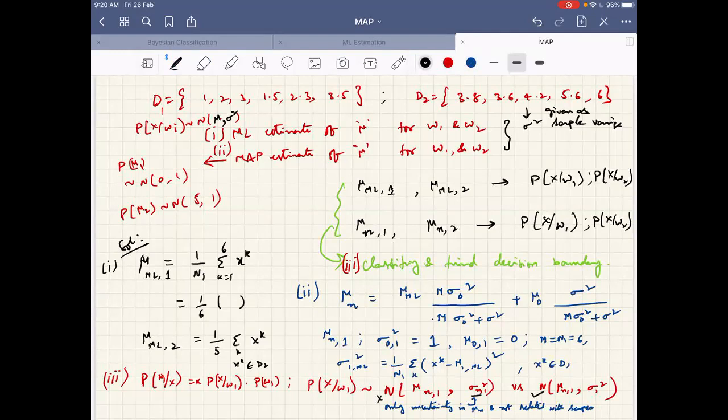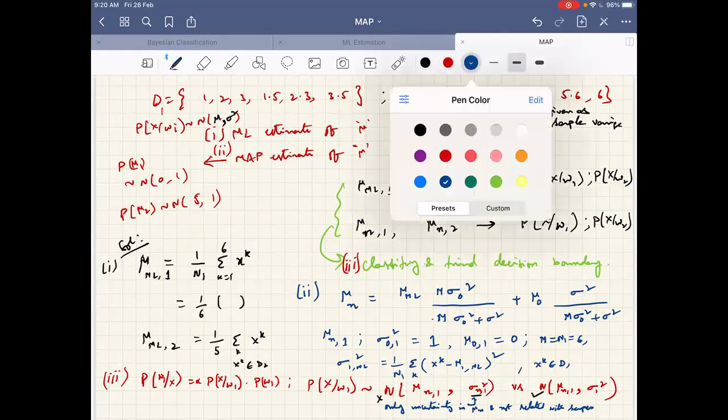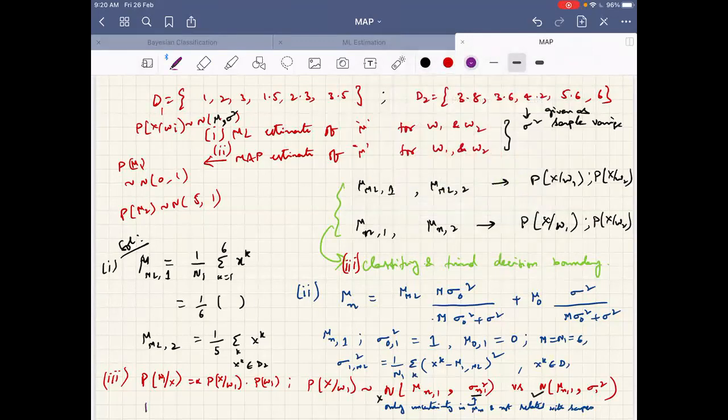So finally, P of x given omega 1 and P of x given omega 2. Similarly, P of x given omega 2 we write as normal with mu n2 and sigma 2 square. Is this clear or not?